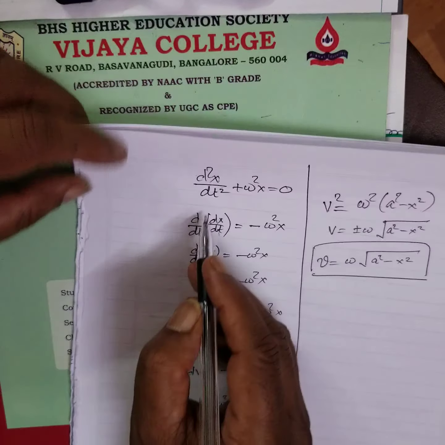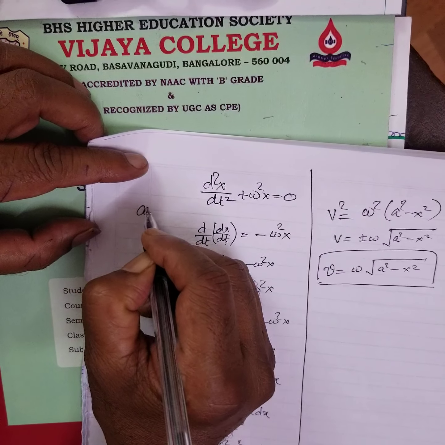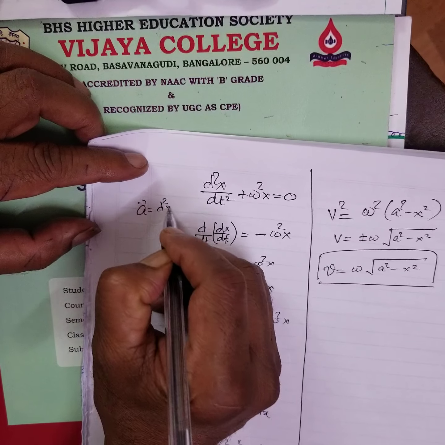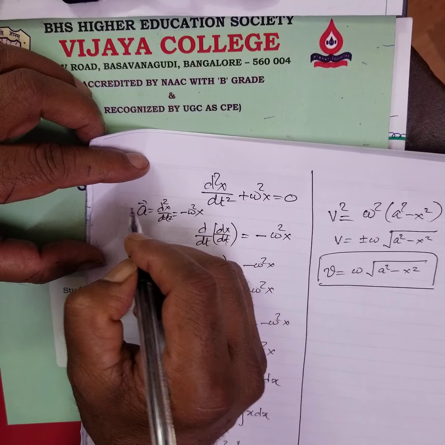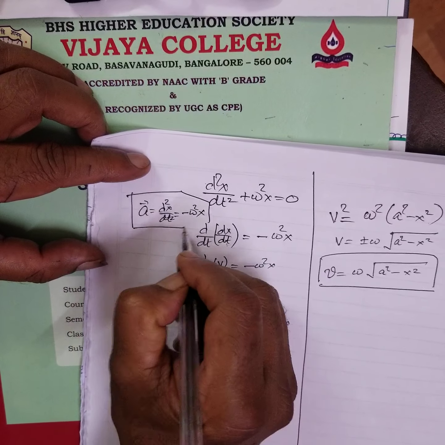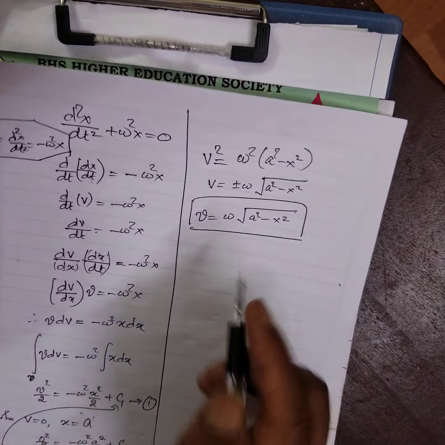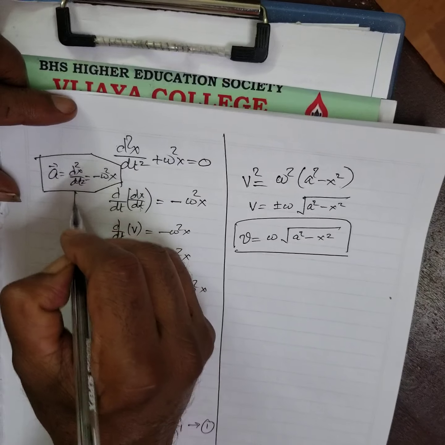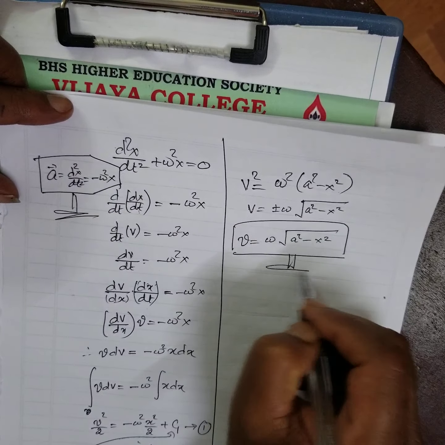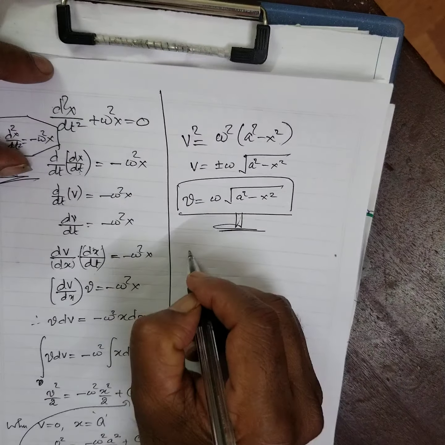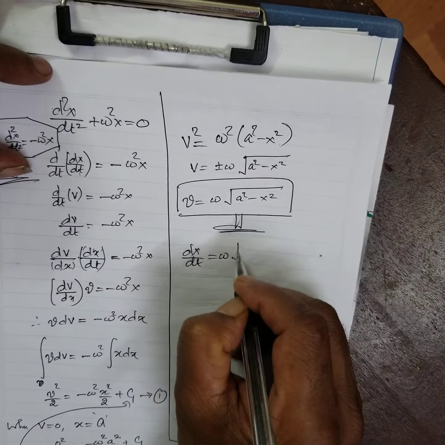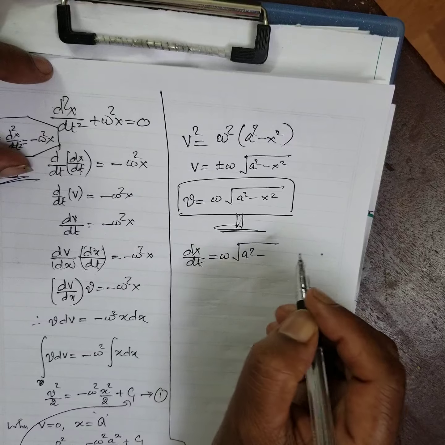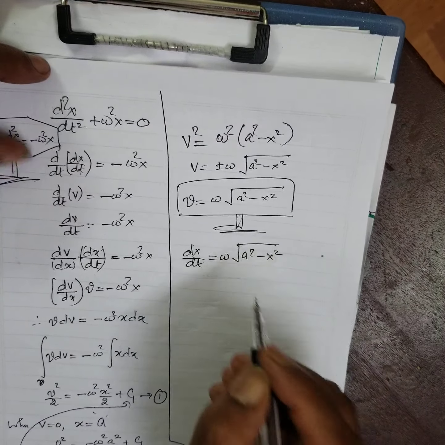Now what is the acceleration? Acceleration is equal to d square x by dt square, that is minus omega square x. I got the acceleration and I got the velocity. Now velocity is displacement by time, equal to omega square root of a square minus x square.